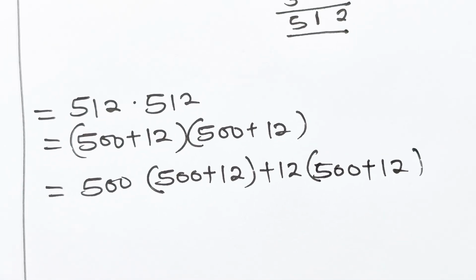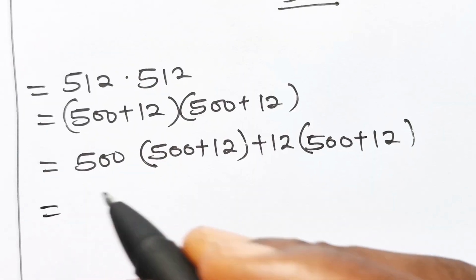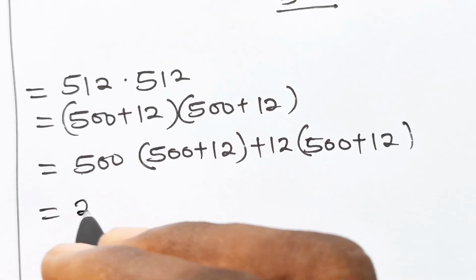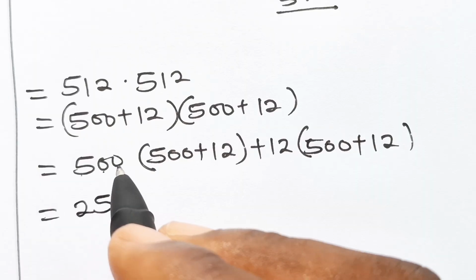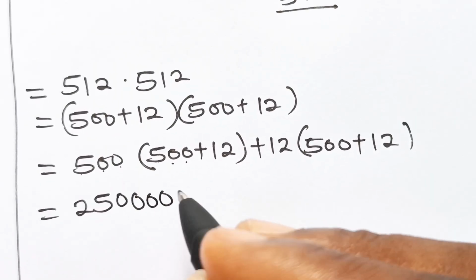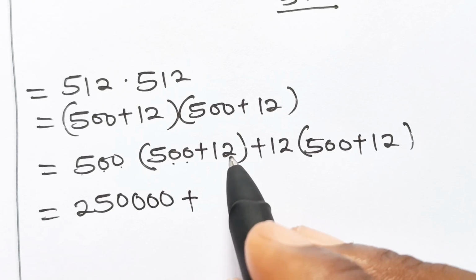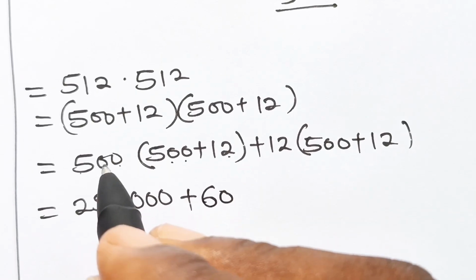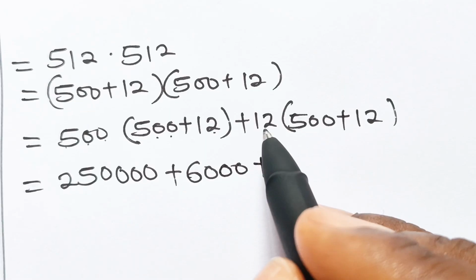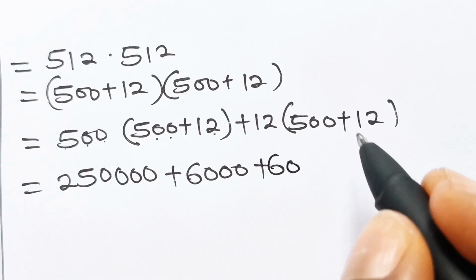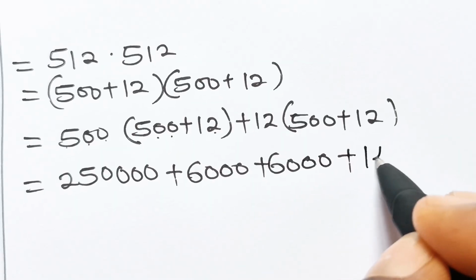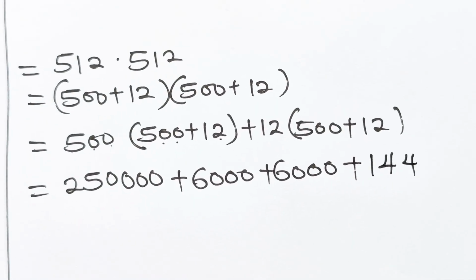Now, this is equal to 500 times 500. 5 times 5 is 25, and we have 4 zeros remaining. 5 times 12 is 60, and we have 2 zeros remaining. 12 times 5 is 60, and we have 2 zeros remaining. 12 times 12 is 144.